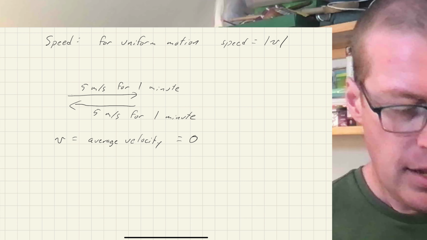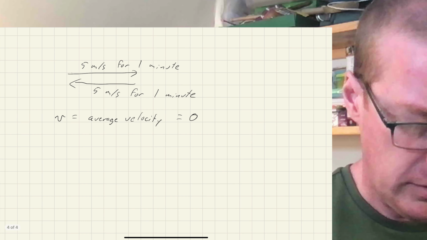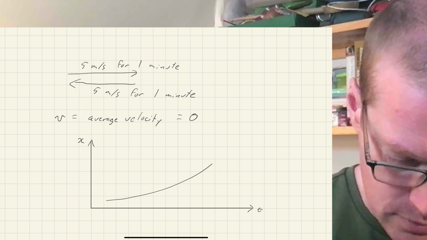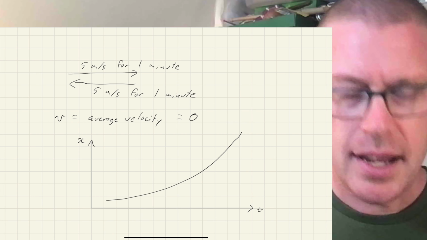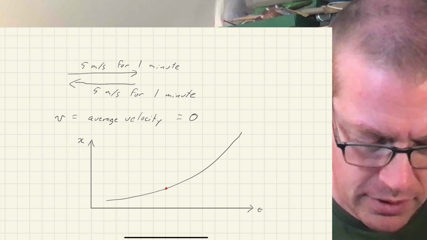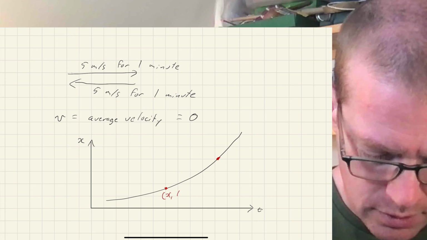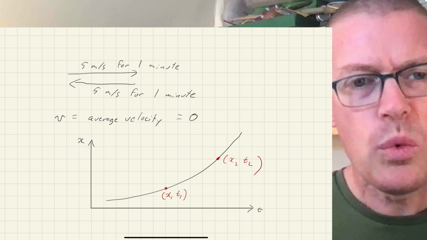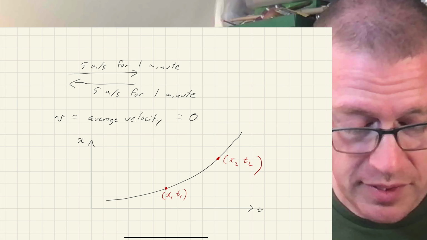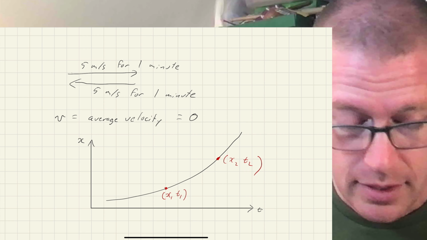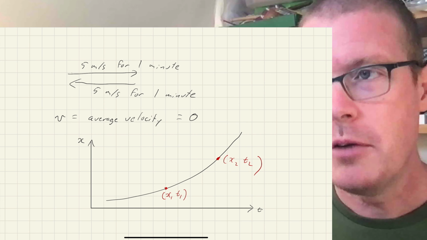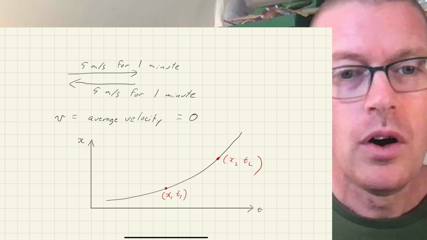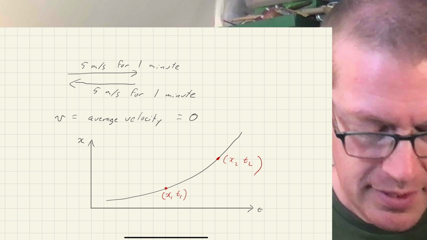If I have a position motion graph, and I take 2 points on this graph, we defined the average velocity as x2 minus x1 over t2 minus t1.